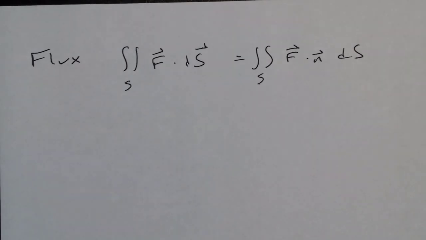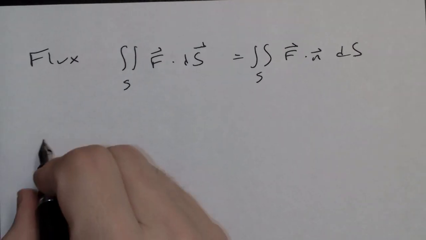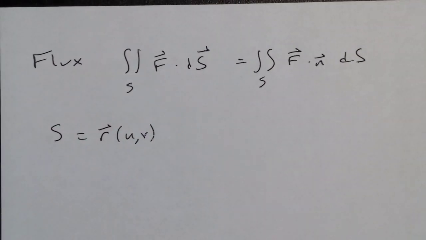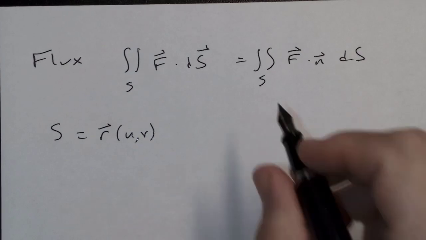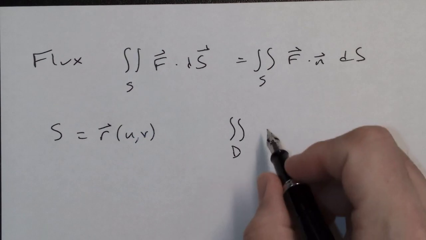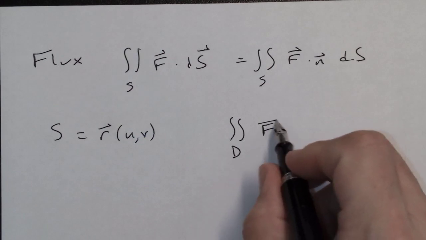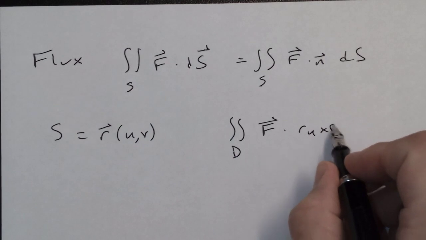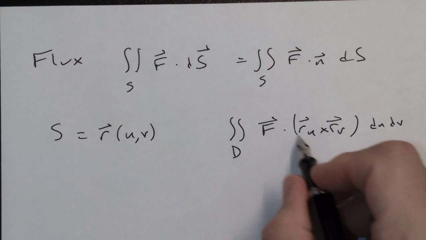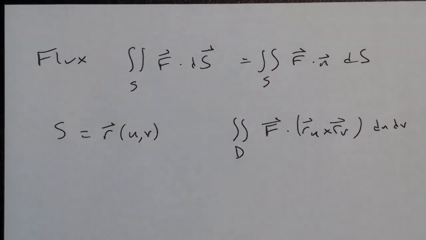That's going to depend on S. So if S is parametric, then this integral becomes the integral of F dot r_u cross r_v, and then it's either du dv or dv du.